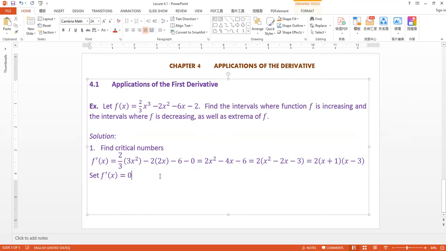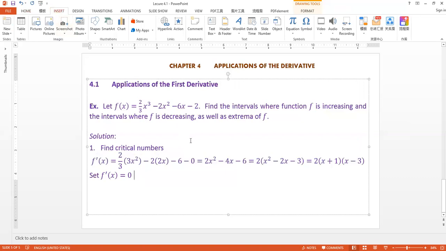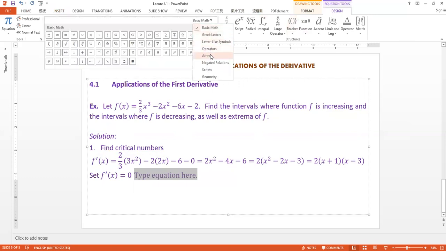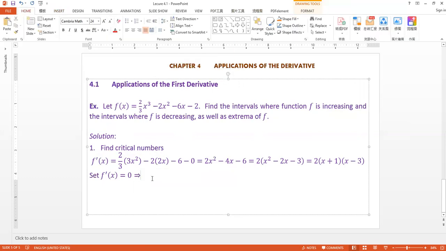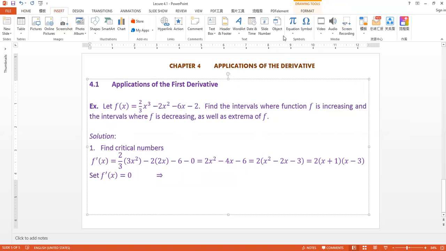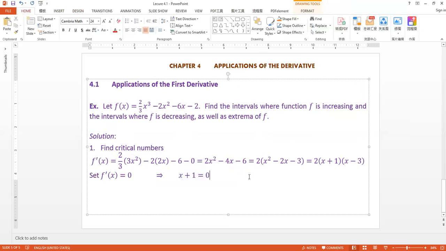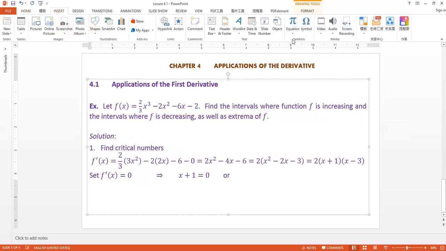Okay. So when you set the derivative equal to 0, then we got two solutions. The first solution is from x plus 1 equal to 0, and the second solution is from x minus 3 equal to 0.